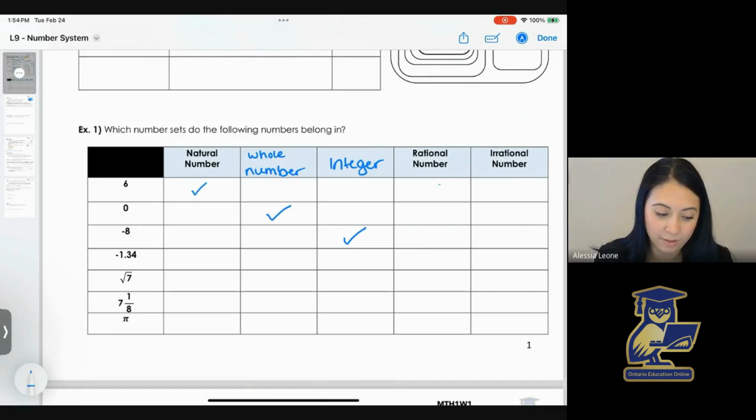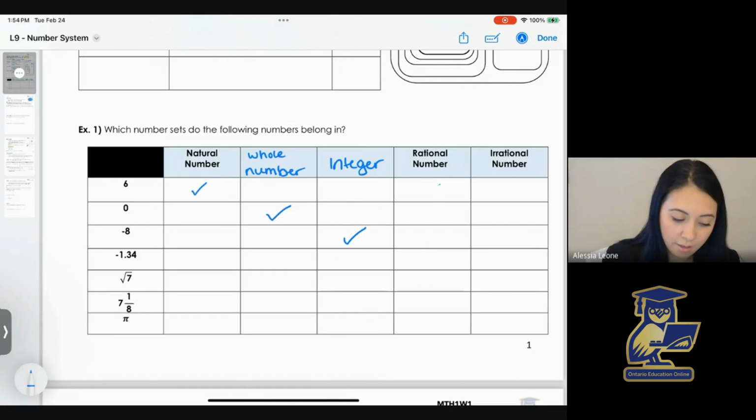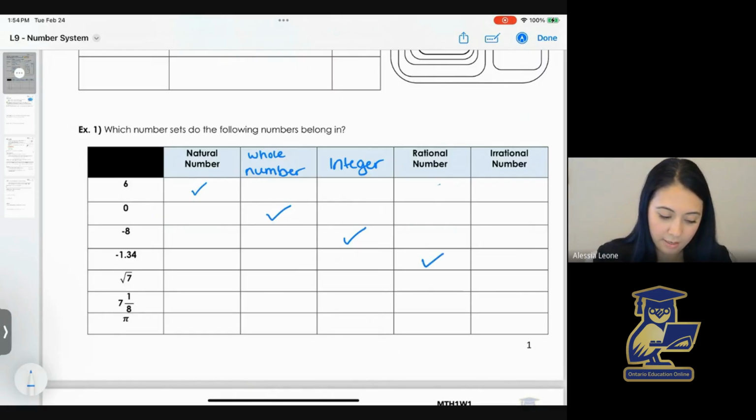Now a decimal. Whenever we see a decimal or fraction, we think rational number. Square root of 7. That does not repeat and it does not terminate, so it does not end. That means it is an irrational number.